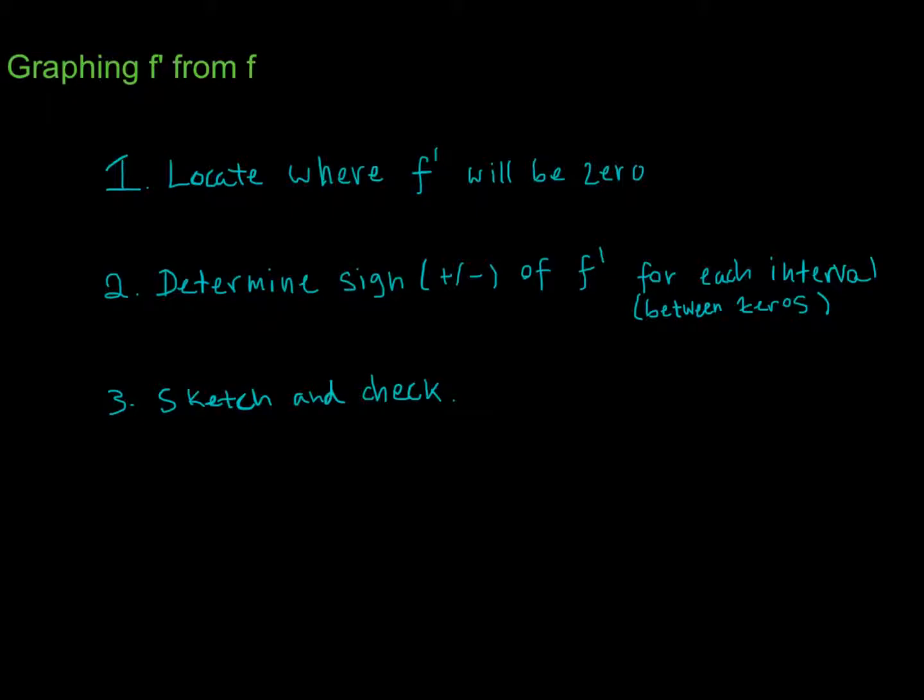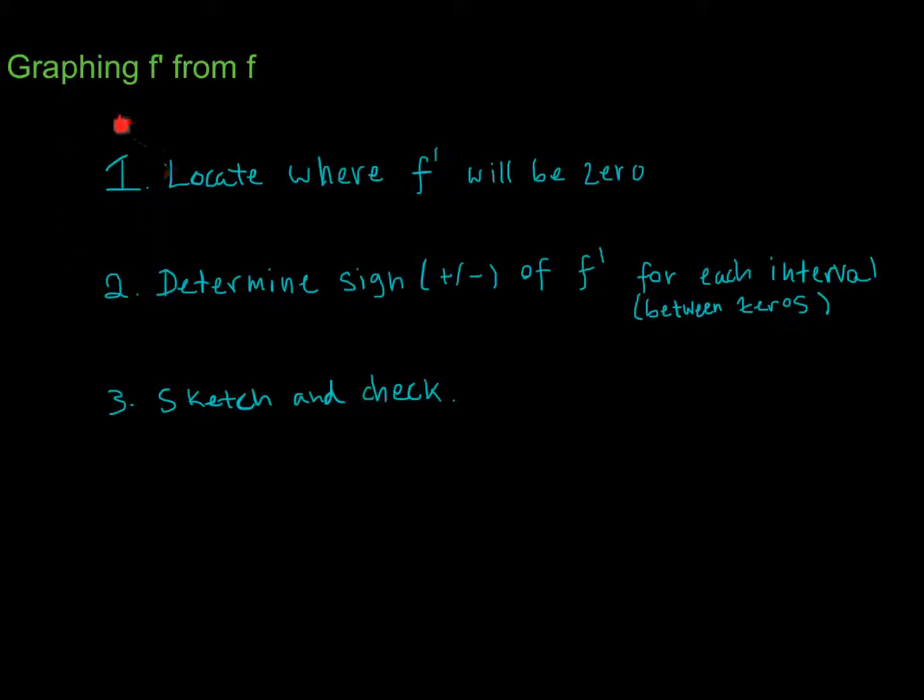You can look at the graph and say, here's where it's going to be perfectly flat. These are going to be places you want to add in. These are where you're changing from a positive slope to a negative slope, where you are rising, but all of a sudden then you're falling. In between there, you're going to get a slope of 0. We're going to talk about that more a little later on. So you locate where the derivative will be 0, and then you determine the sign, either positive or negative, of the derivative for each of those intervals in between your zeros.